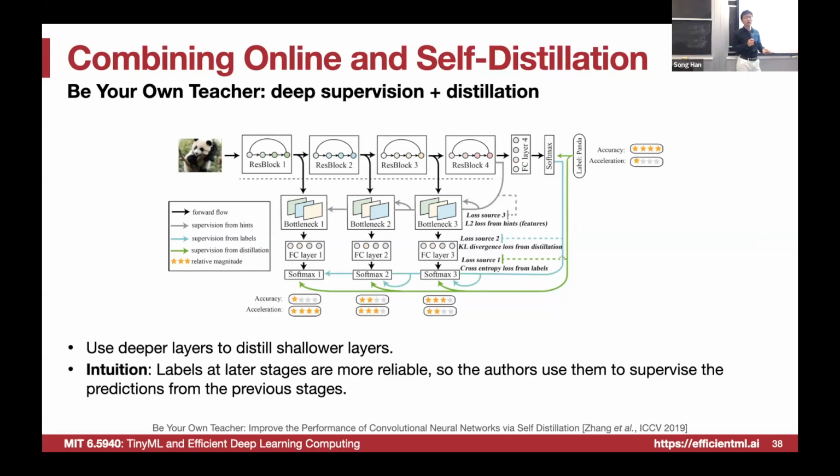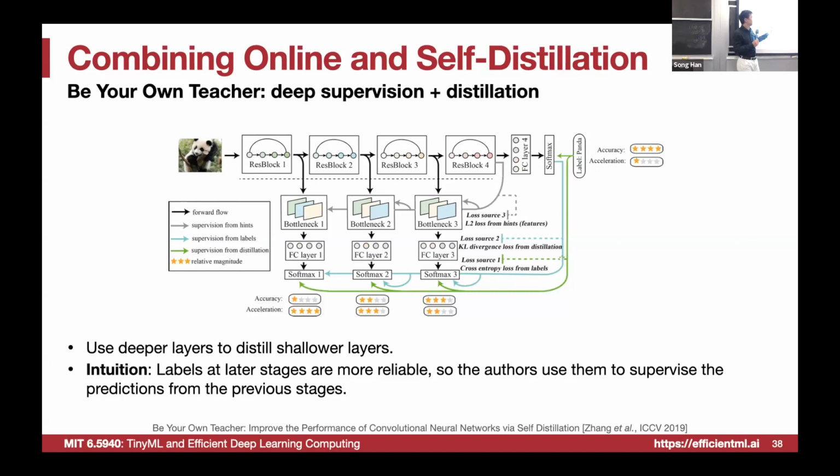Certainly, the deeper you go, the higher the quality. So if you can only run the first block and then insert a classification layer, just like in GoogleNet, where you have the early exit, you can calculate the softmax to get a prediction only after you pass through the first residual block.